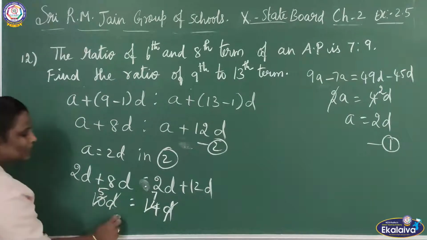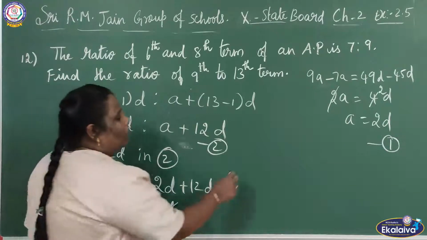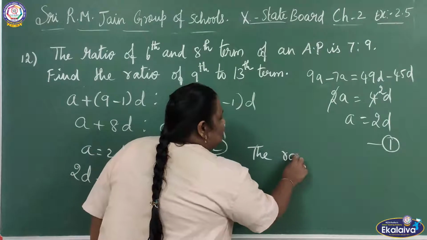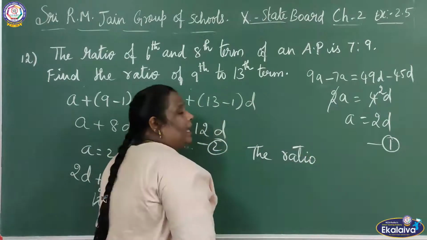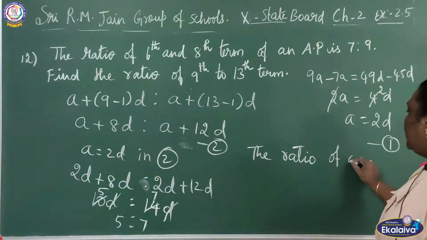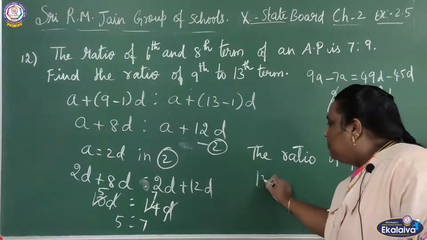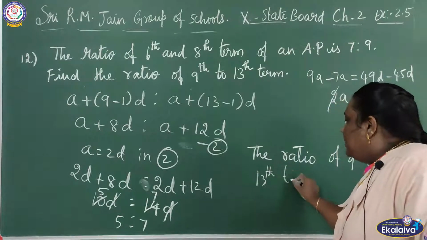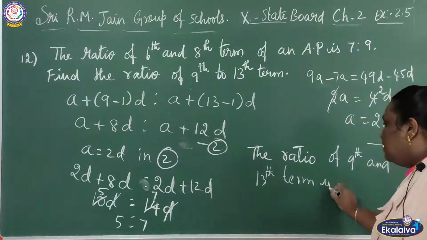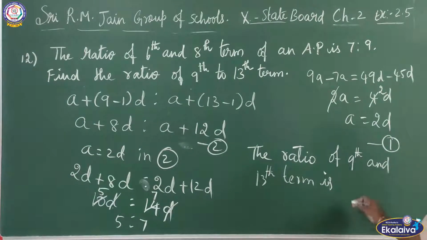So the ratio of the 9th and 13th terms is 5 is to 7.